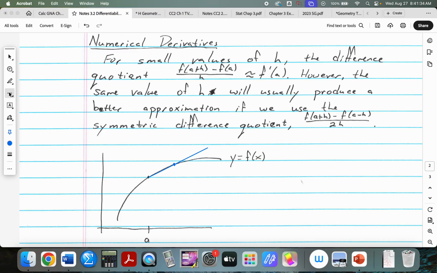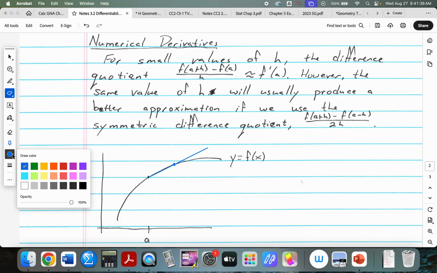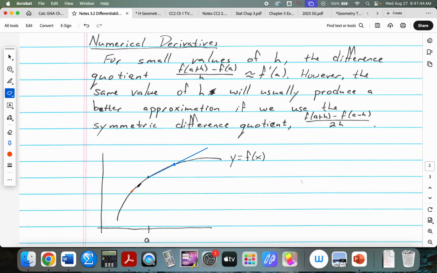But if I went the same distance to this side, let's make this a different color so that it's more obvious, and then drew from there through here.